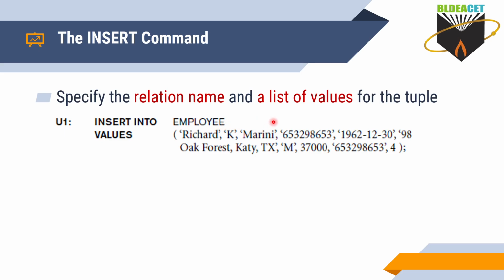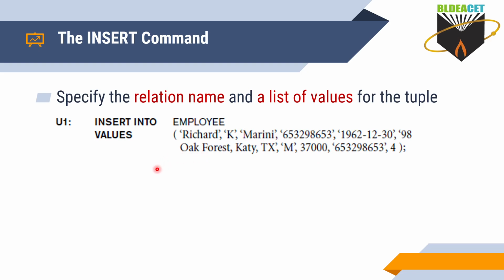So if your employee table has fname as the first attribute, then the first value you insert is the fname. If it is a string or date type, you have to specify the value inside quotes. If it is an integer type, you insert it directly. See, 37 and 004 are numbers, of integer type. If it is a number, directly enter it. If it is a string type, you have to use quotes.